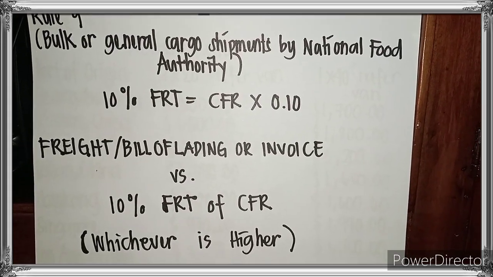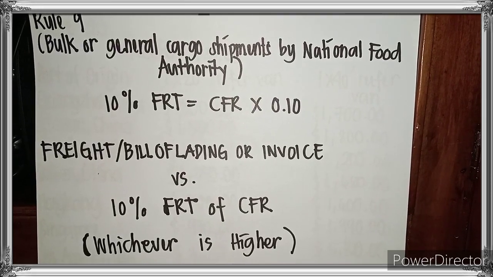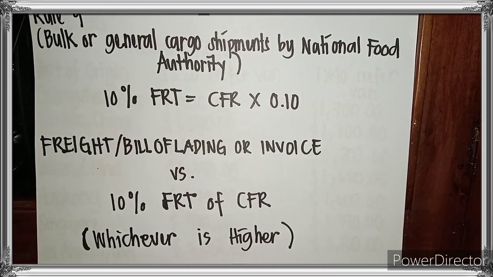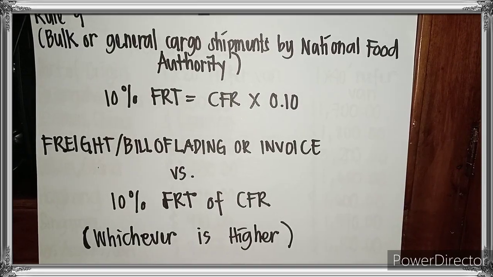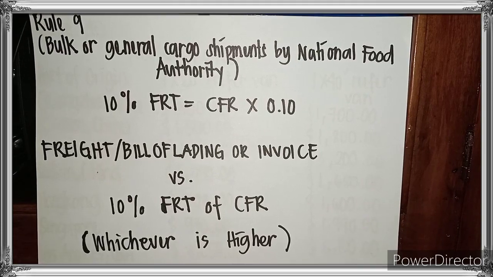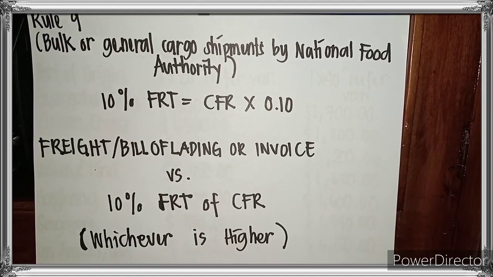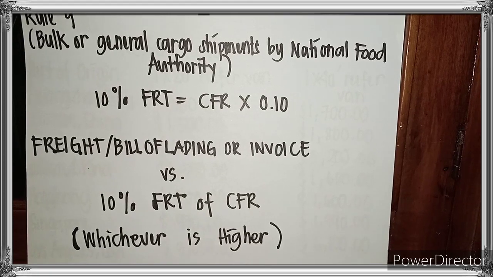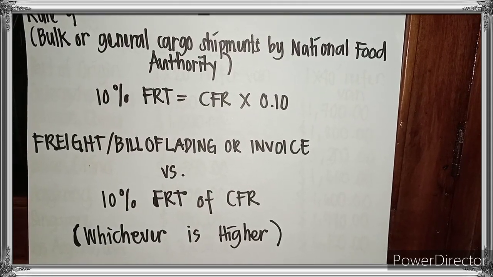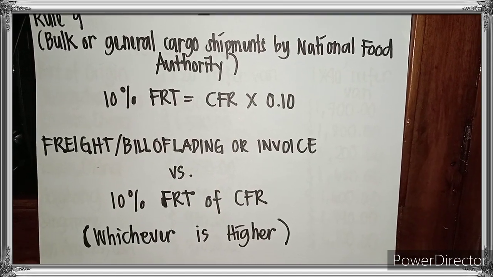Rule 9 of freight. For bulk or general cargo shipments made by the National Food Authority or NFA, the dutiable freight shall be whichever is higher between the freight charges indicated in the bill of lading or invoice and 10% of the CFR value of the commodity. So, what is the National Food Authority?